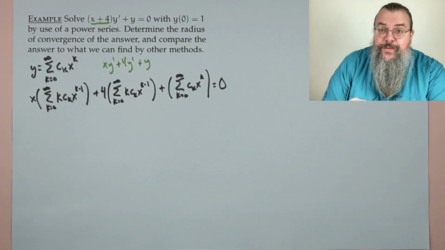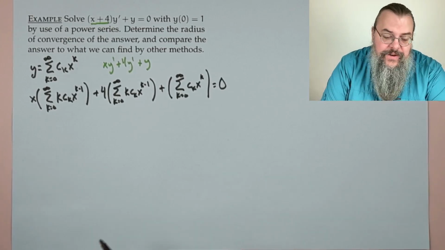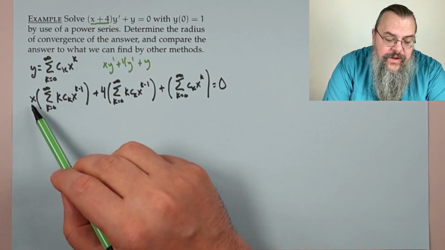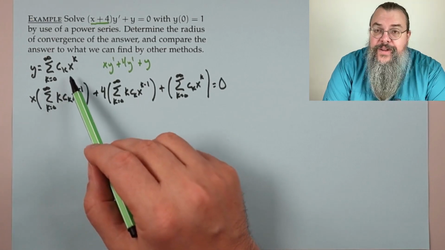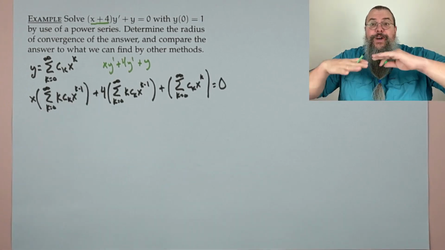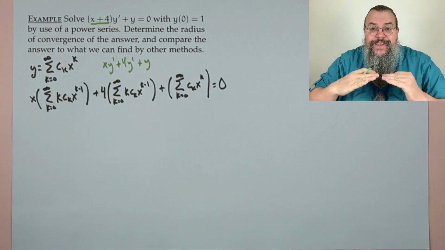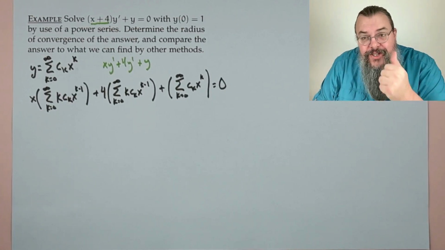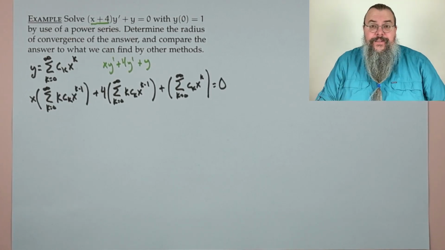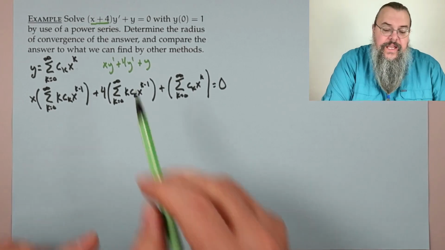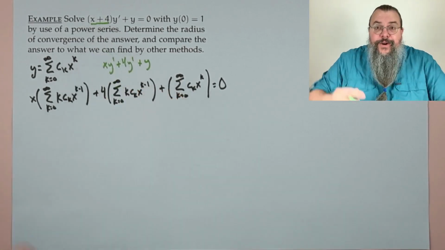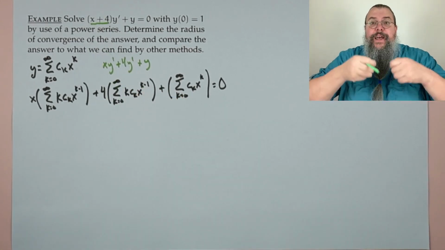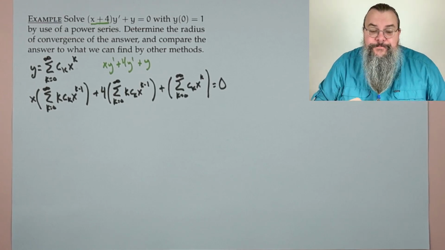The problem is when you multiply x plus 4 into the series, it's going to have x plus 4 times x to the k minus 1. You're going to have 2 powers of x in that series. You don't want that. You want every series to just have a single power of x. So if you see expressions like this, you say, okay, just multiply out and handle them separately.